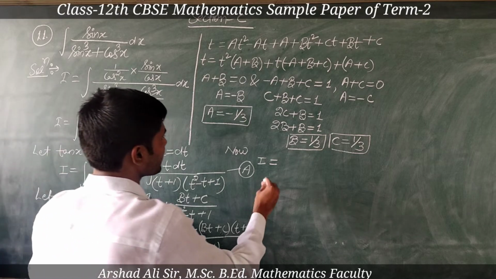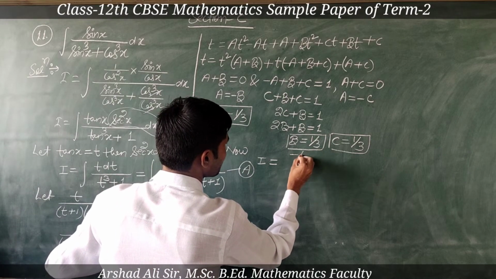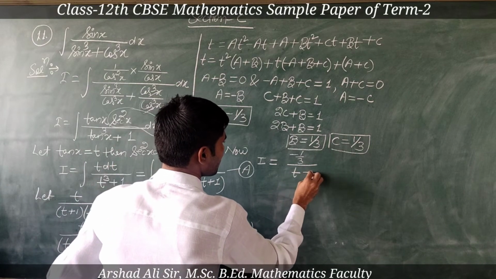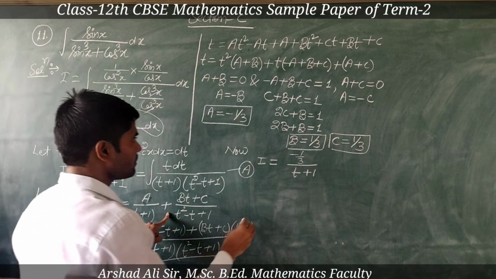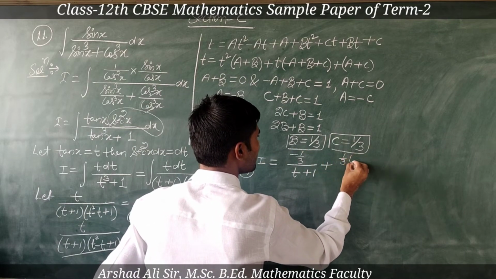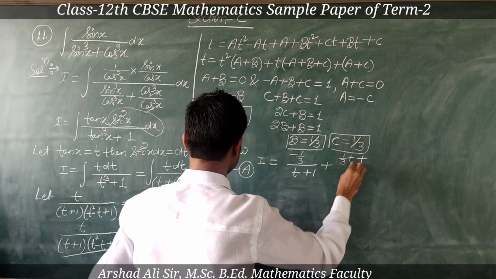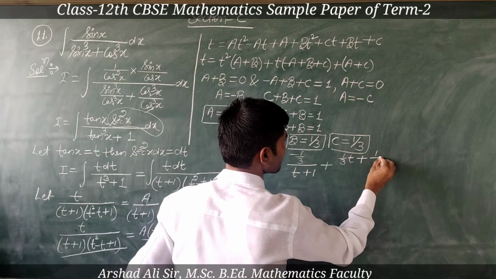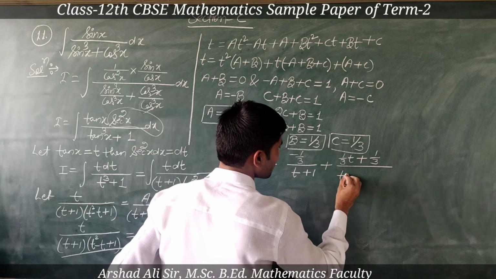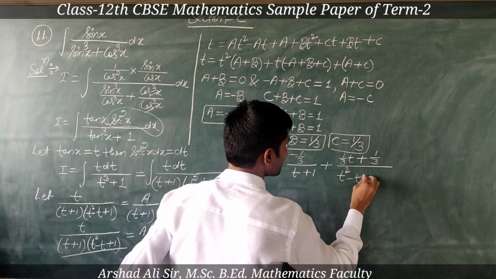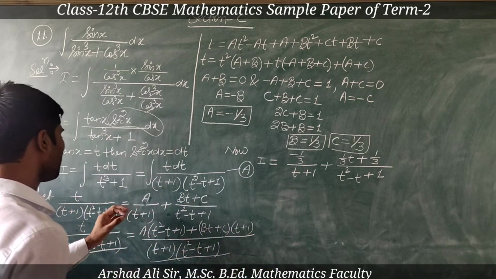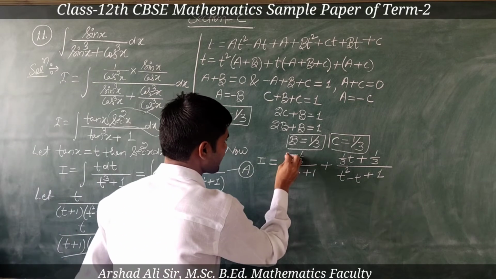A means minus 1 upon 3, so here we can put minus 1 upon 3 upon t plus 1 plus, b means 1 upon 3 t plus c, c means 1 upon 3, so (1/3 t plus 1/3) upon, in the denominator, t square minus t plus 1. Okay, we have written here the values of a, b and c, and now we will integrate.